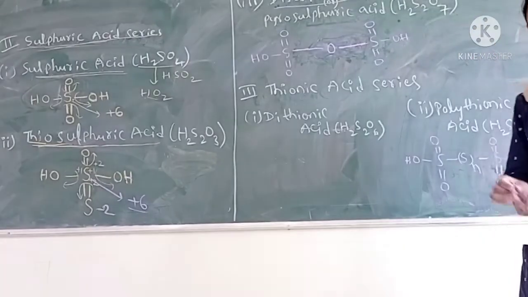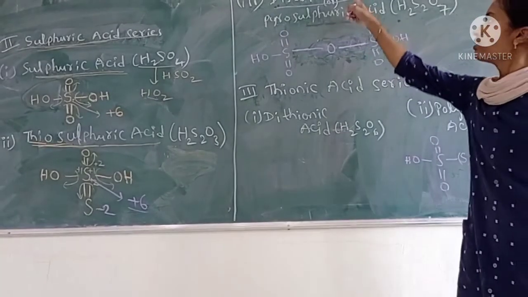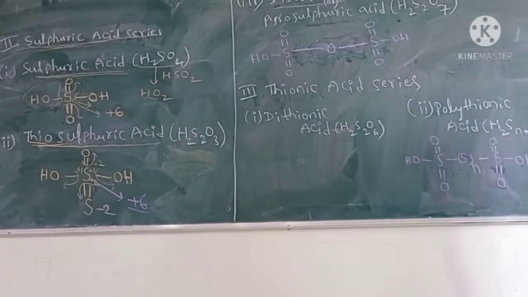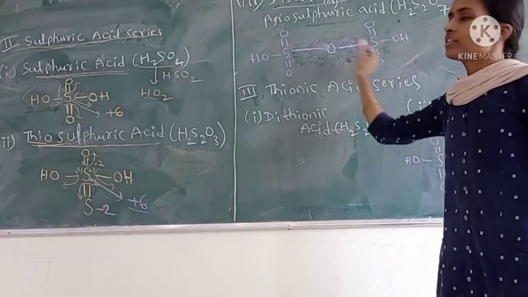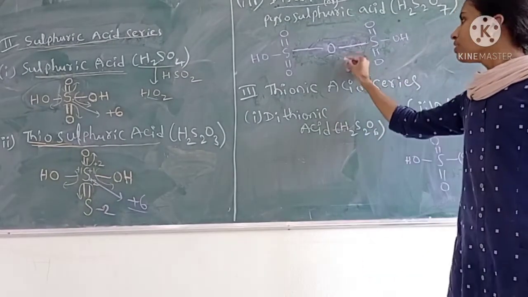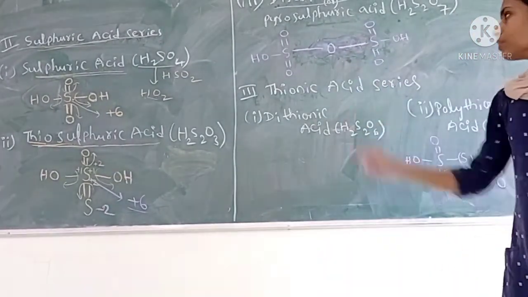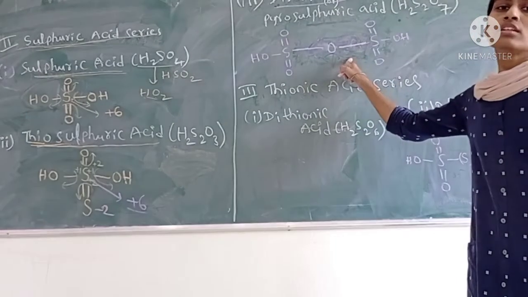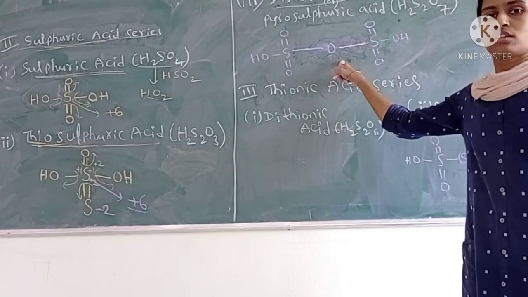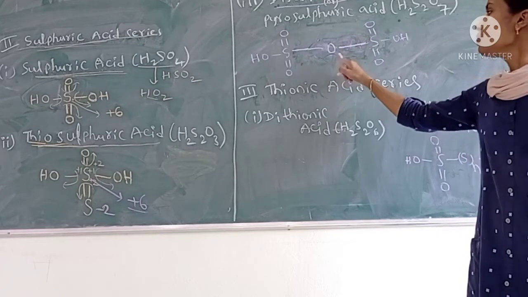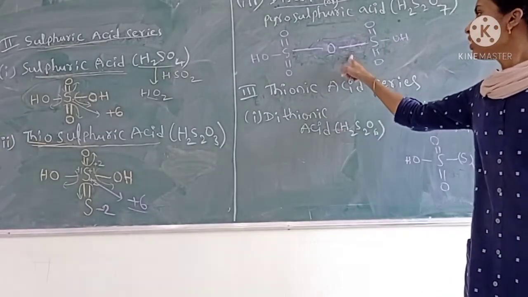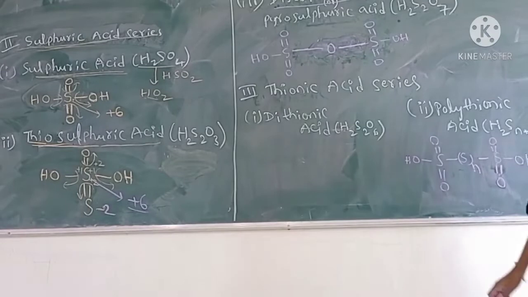So this is the structure of the disulfuric acid or pyrosulfuric acid. In this there is no S-S bond. This is asked in your exam: in which acid is there no S-S linkage, they will ask and give options. So this is the acid where no S-S linkage is there.